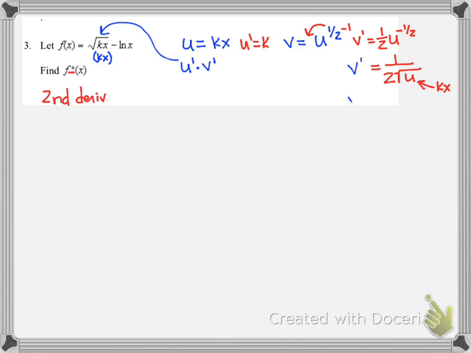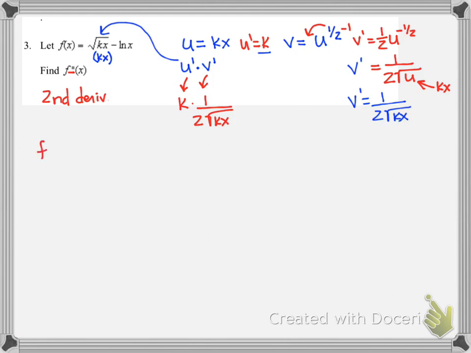So we have v prime equaling 1 over 2 square root of kx, and u prime equaling k, and these two things are going to multiply. U prime is k. The outer derivative with the inner plugged back in is 1 over 2 times the square root of kx.